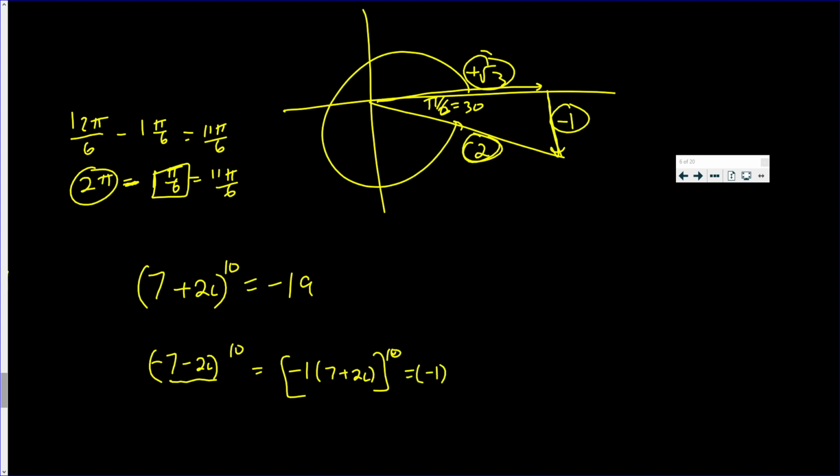So you get negative 1 to the 10th times 7 plus 2i to the 10th. Negative 1 to an even power is 1. And I'm just making up that that's negative 19. So yeah, I get back negative 19.